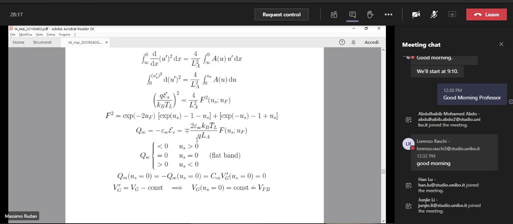Can we give the coefficient in front of F? This coefficient is 2 times the permittivity kT over q L_D. Obviously, since F is a pure number, all these factors multiplying F are consistent with QSC, so it is a charge per unit area. And of course, it is equal to the value taken by QSC when F is equal to 1.